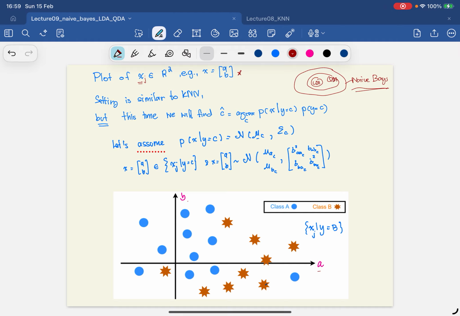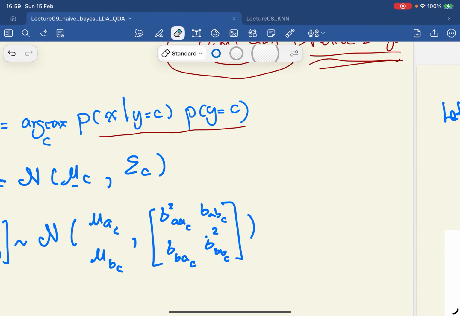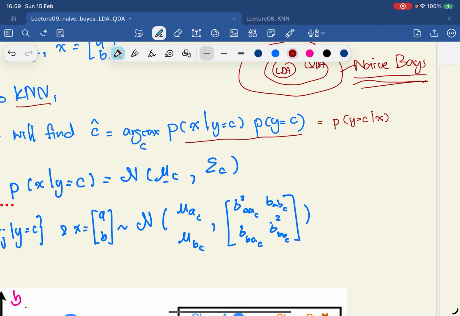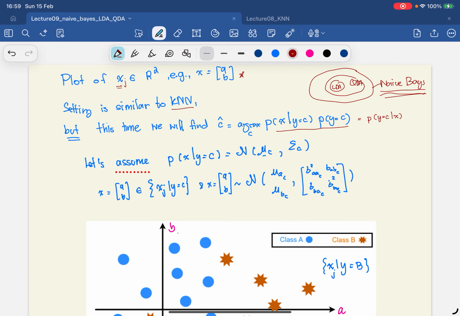The setting of naive Bayes is similar to K-nearest neighbor, but this time we are trying to compute the posterior, which is the probability of y equal to c given x. So LDA, QDA, naive Bayes, and K-nearest neighbor are all considering the same posterior distribution. However, the way they calculate it is different.